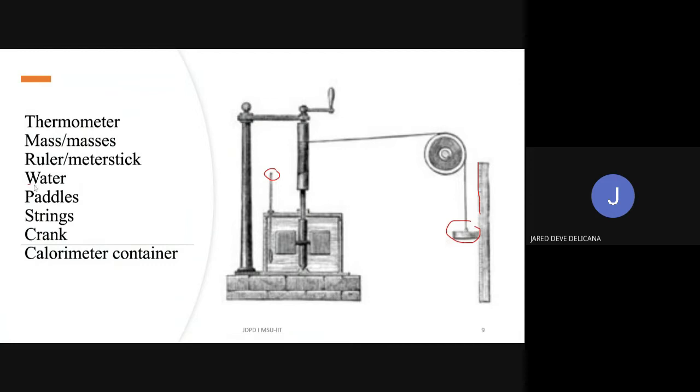In this experiment, he used water, and then the paddles here, the string, the hand crank, and the calorimeter container. This will help us measure the temperature, as it would not allow a drastic change in the temperature of our water.